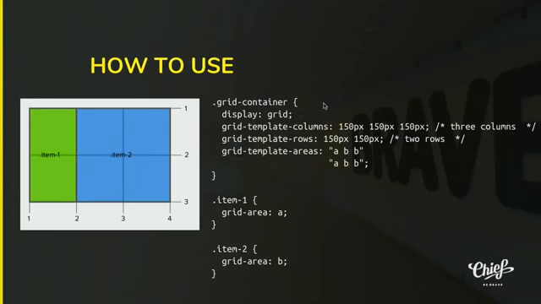But when you want to place something within those regions, you can just say grid area and then the name. So if I were using this on a site, for example, instead of A, I would say sidebar. Instead of B, I'd say main, and then main again. And so item 1 would be in grid area sidebar, and item 2 would be in grid area main. Makes it a lot easier to remember.